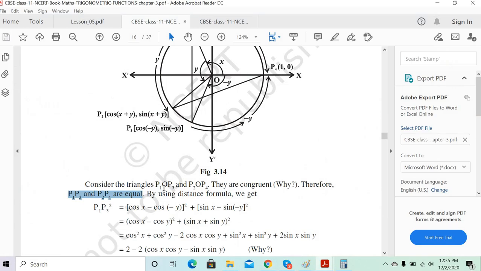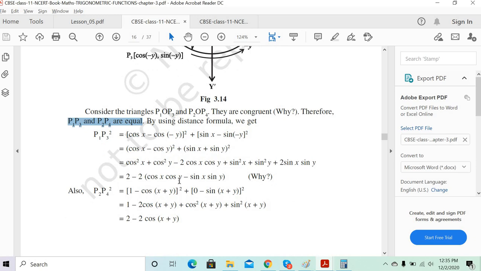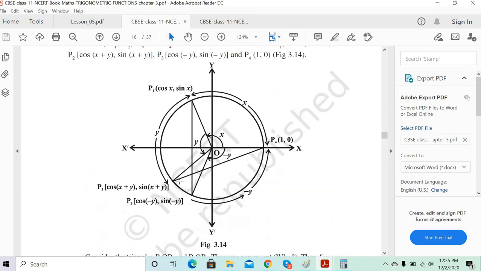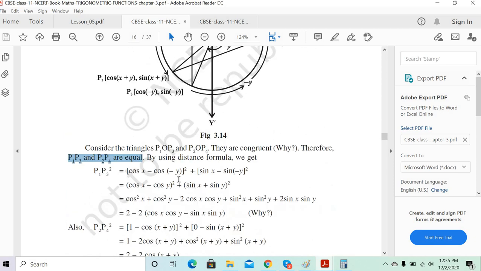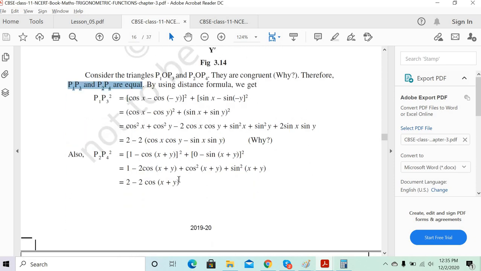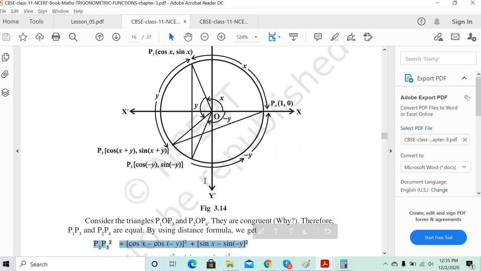Now, you know the distance formula, you have learnt it. So you know the coordinates. Can you show that P1P2 whole square should be equal to P2P4 whole square? Use the distance formula from coordinate geometry. What is P1P2 whole square? We need to find the distance P1P2 whole square.